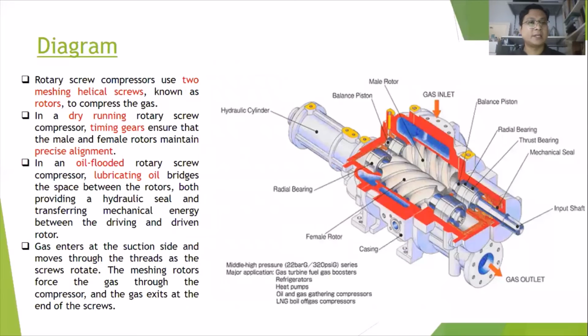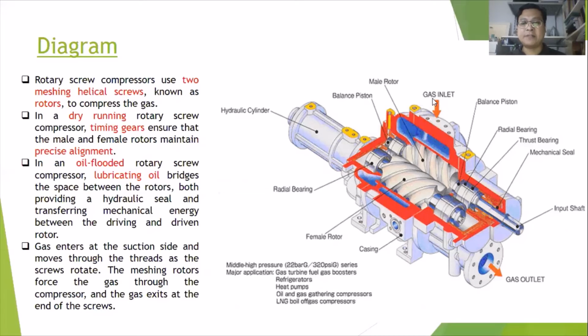So here you can see the structure of the screw compressor. Maybe we can see the gas inlet here with the orange arrow, and then the outlet here.